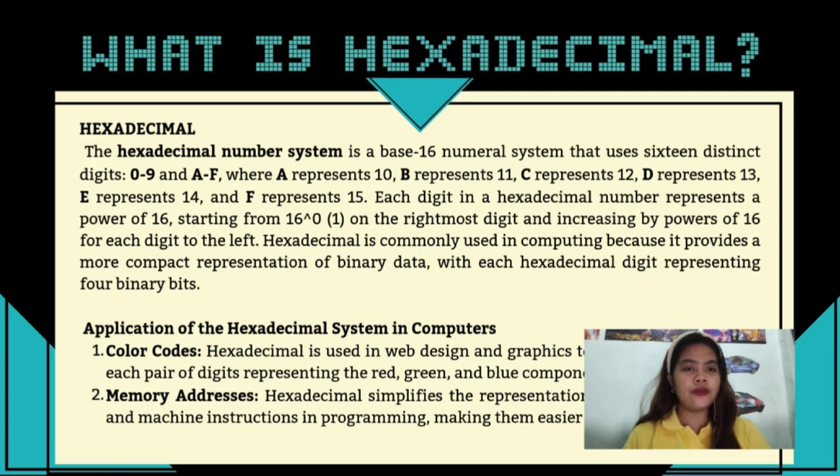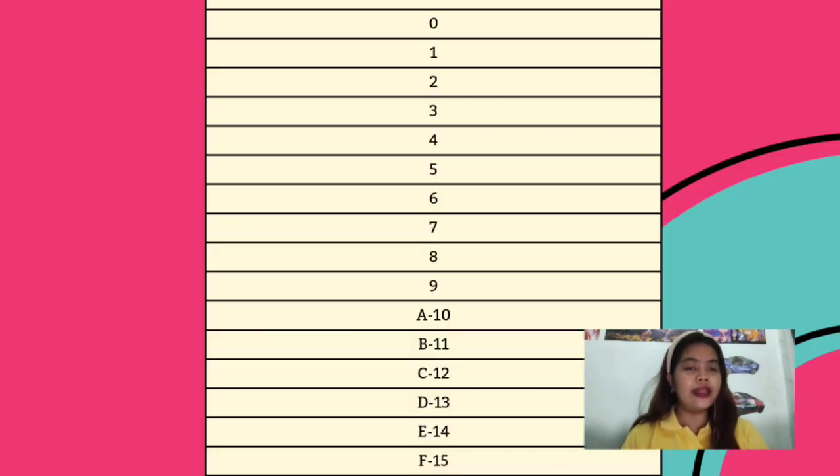The digits from 0 to 9 are still there, but once we go beyond 9, we use letters. Here's how it works. In hexadecimal, 10 is A, then 11 is B, 12 is C, 13 is D, and 14 is E, and so on.